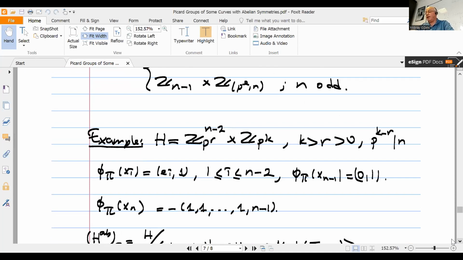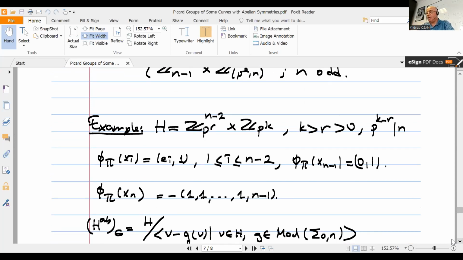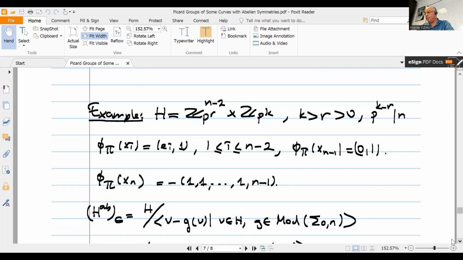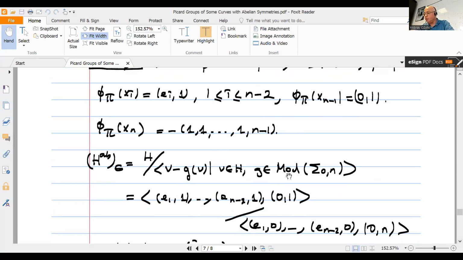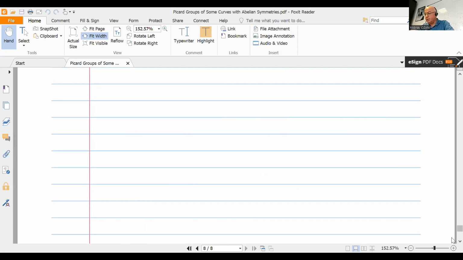And for this case, which is the surprising case, H was this, and our homomorphism describing the abelian group was this, and the abelianization of H is H, of course. If you compute the quotient here as before, you get basically the same thing.